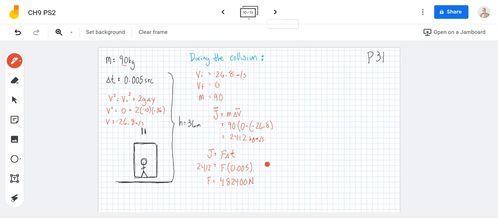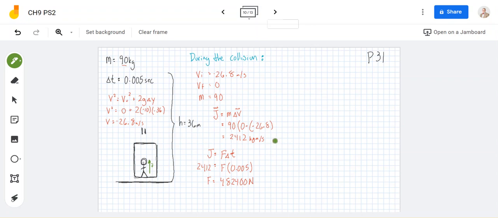What if you jumped? They give the jumper, this guy can jump with a relative velocity of 7 meters per second. Which means that right before he hits the ground, he's going to try to jump upward relative to the elevator. I don't know how he does that, but 7.